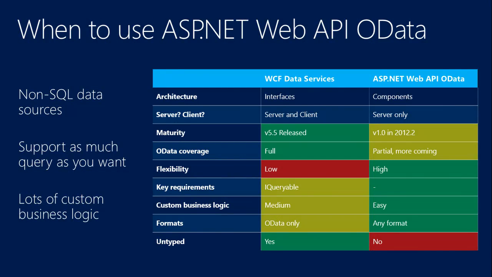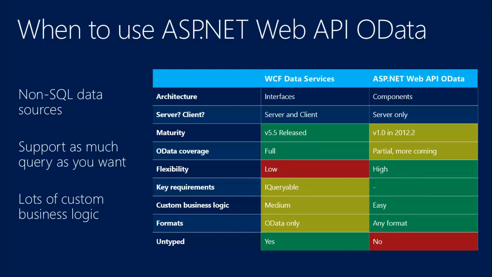There are three key value props that I think Web API adds over WCF Data Services that are probably the main reasons why you would go with this model. It really makes it easier to support non-SQL-based data sources with a component-based model. You saw that the way you implemented support for entity sets is you had an entity set controller, you got the request, and then you did whatever you want.